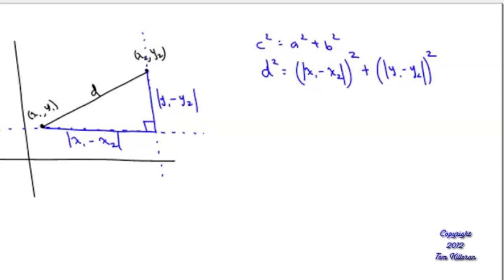No, I cannot get rid of the parentheses. I can't get rid of the square because the square takes 3 and makes it 9, but the absolute value of 3 is just changing the sign. So I can rewrite this as d squared is equal to x1 minus x2 squared plus y1 minus y2 squared.